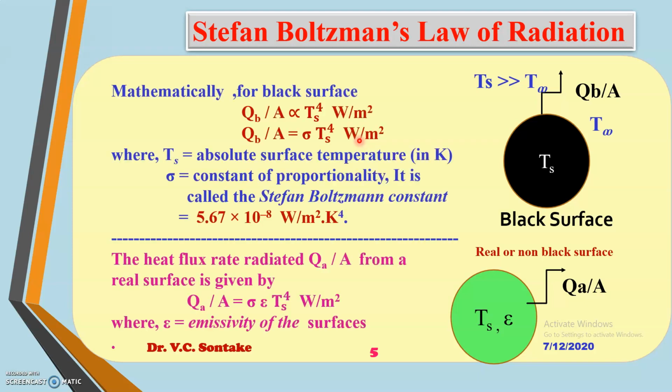So mathematically, for a black surface, Stefan Boltzmann law of radiation can be written as Q suffix B over A is directly proportional to Ts power 4, watt per meter square. If I remove the sign of proportionality, I will have to introduce one constant, sigma. So the equation becomes Q suffix B over A is equal to sigma Ts power 4, watt per meter square.